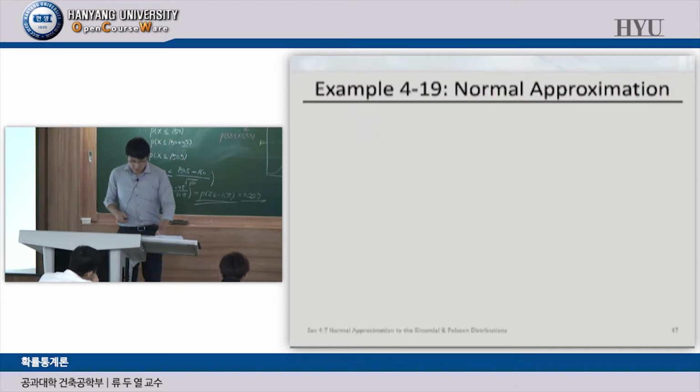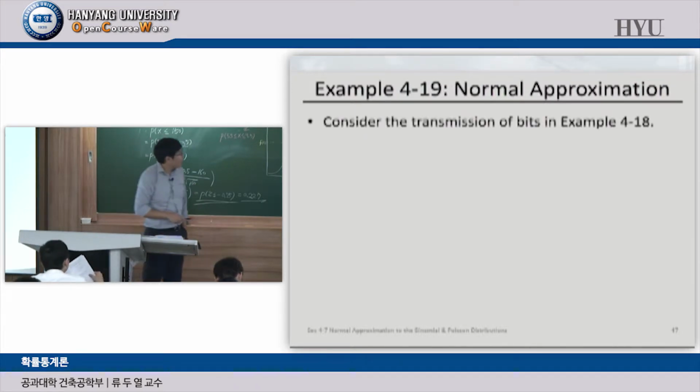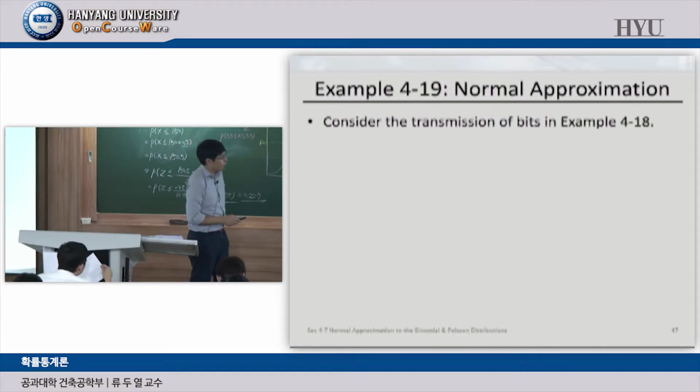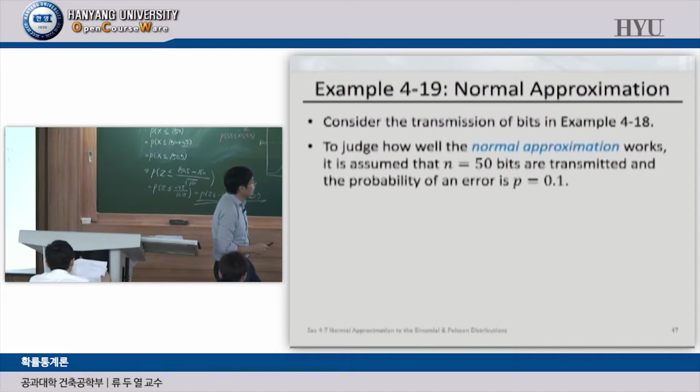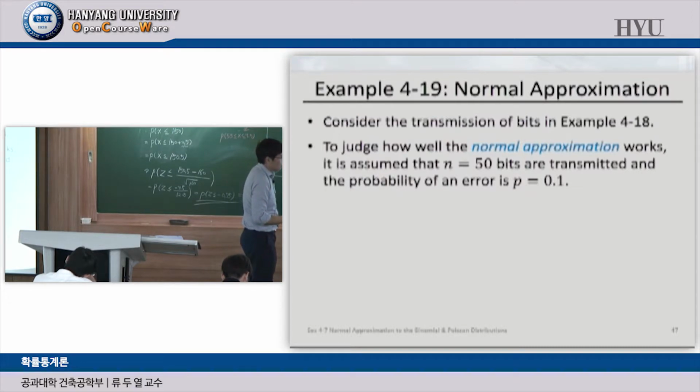And this is another example. Consider the transmission of bits in the previous example 4-18. And to judge how well the normal approximation works, it is assumed that n is equal to 50 bits are transmitted, and the probability of an error p is equal to 0.1.